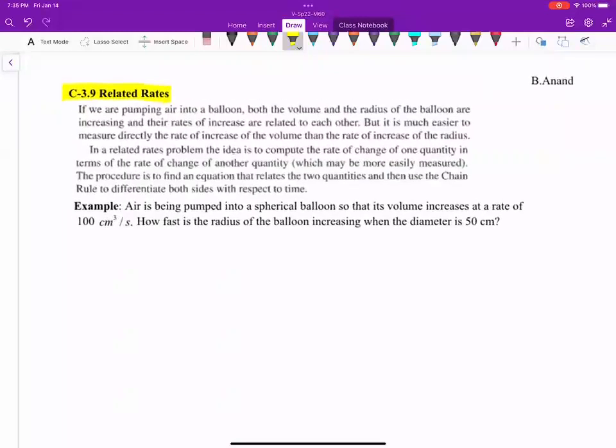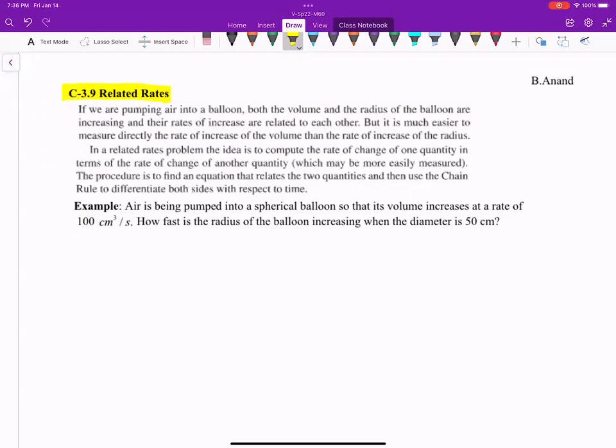Related rates, the word itself suggests that it's a relation between two variables. If we know the rate of change of one, we can determine the rate of change of the other, provided they are connected by a relation.